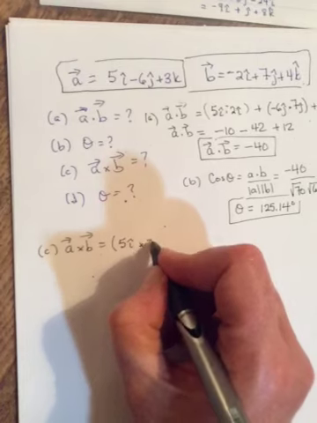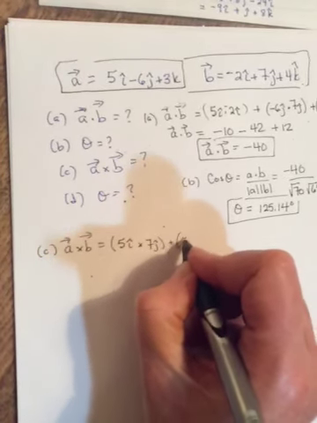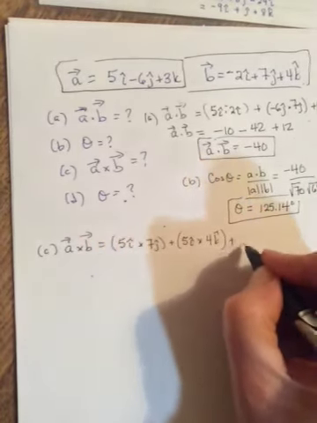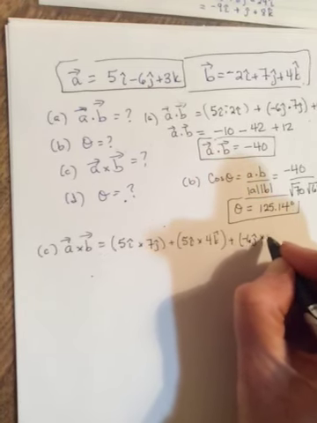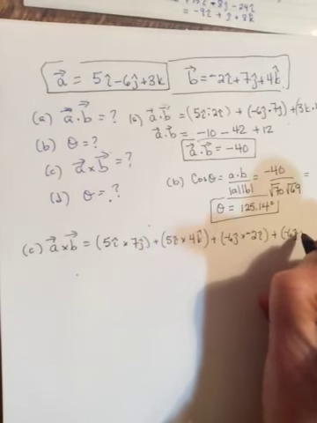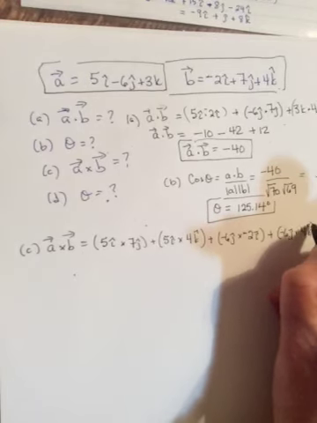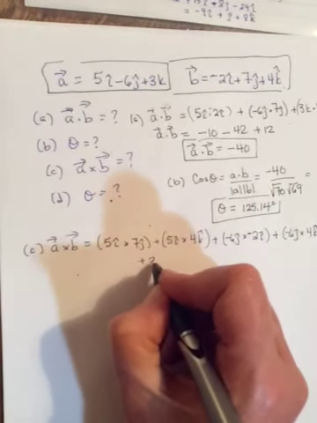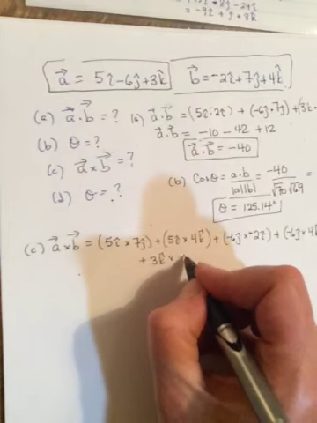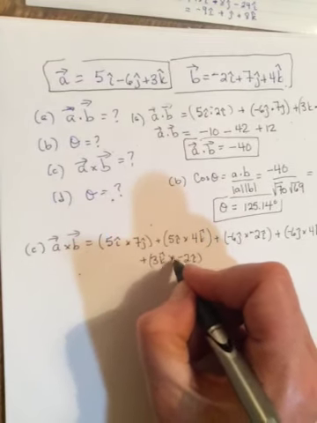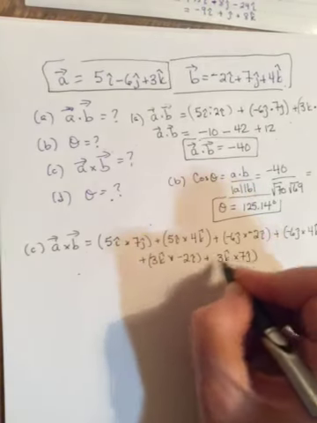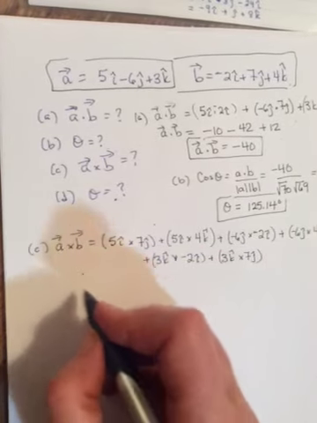So we do 5i cross 7j plus 5i cross 4k, plus negative 6j cross negative 2i plus negative 6j cross 4k, because the j's go to 0, plus 3k cross negative 2i plus 3k cross 7j, and the 3k cross 4k will be 0.